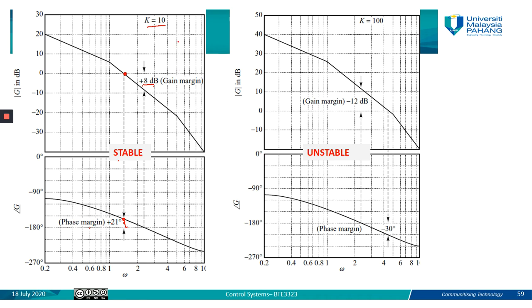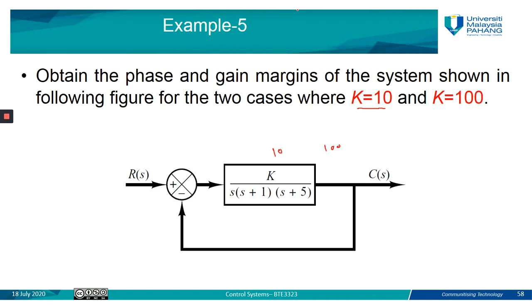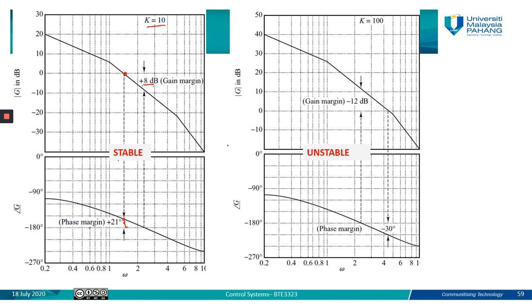If we increase the value of the gain to 100, that means the components of our transfer function here, how many components do we have? We have 4 components. One is the gain, one is an integral pole, and 2 are first order poles. So if we draw each one alone, then we combine them, we are going to obtain this Bode plot.